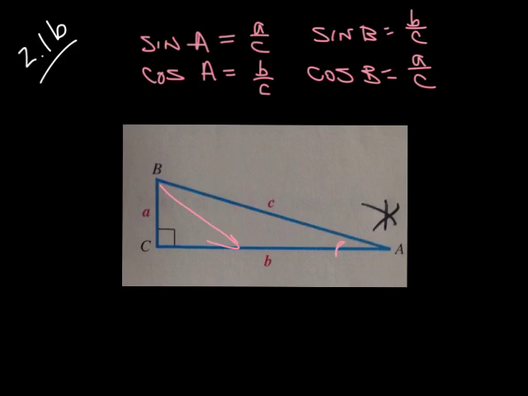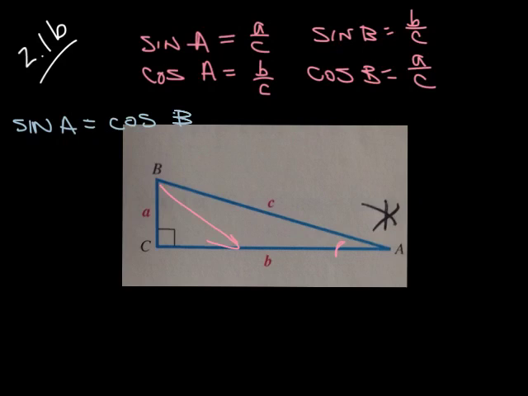So what I can say is the sine of A equals the cosine of B, and I can also say that the cosine of A equals the sine of B. And in fact, I can just go on and on about that, but rather than do that, let's look at some of the other ones.